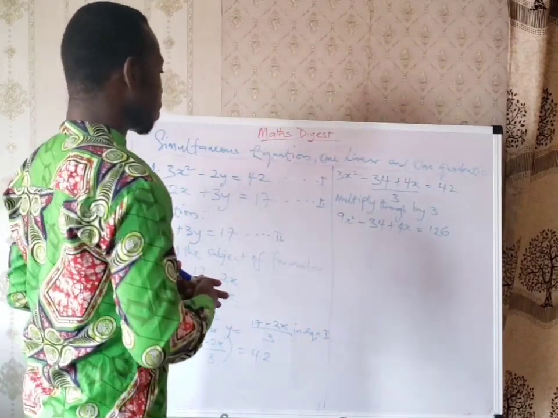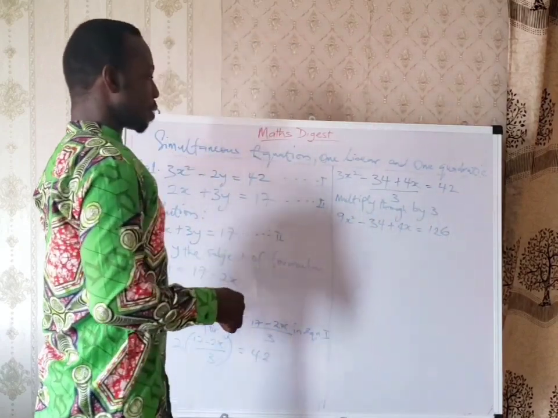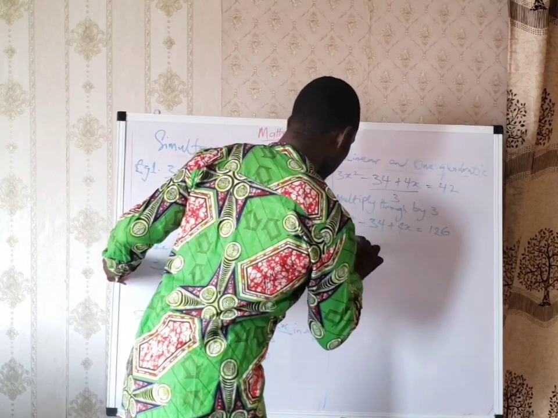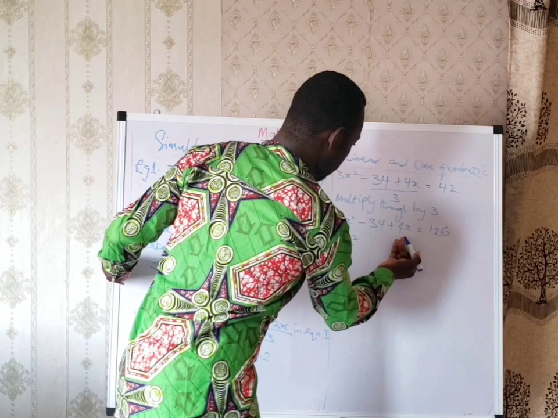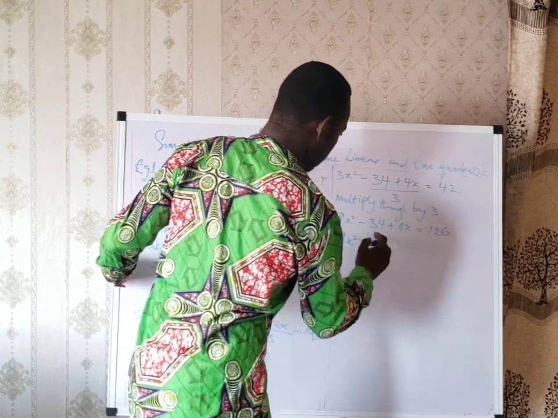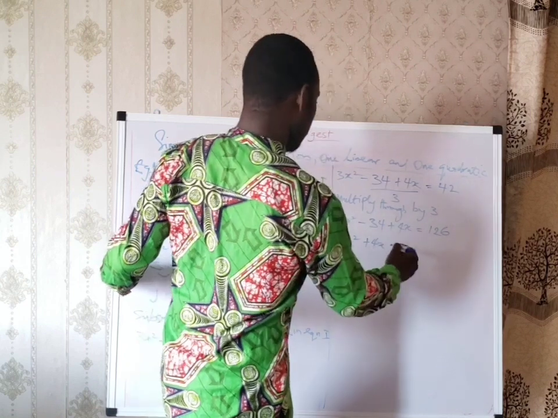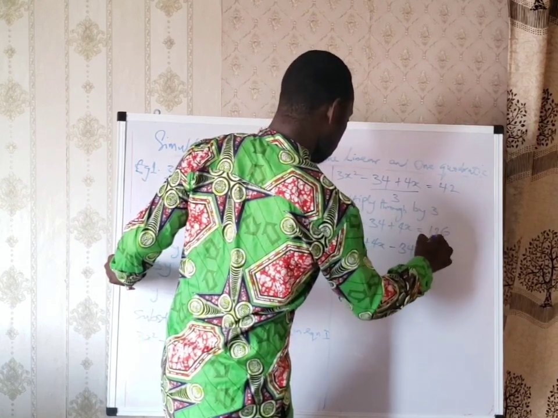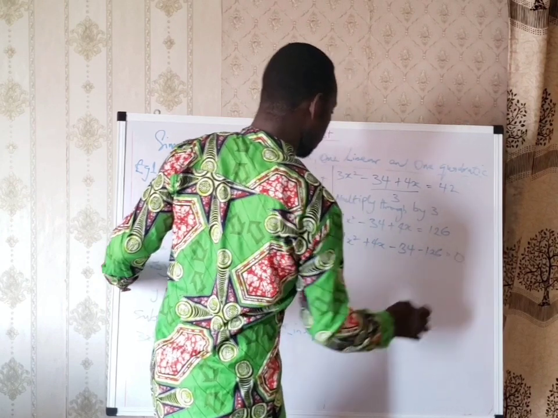Now from this we try to bring this inside the left hand side, okay. With this we have 9x squared, bring this one with single variable first. We say plus 4x minus 34. This crossing equality sign will still be minus 126 equal to 0, okay.